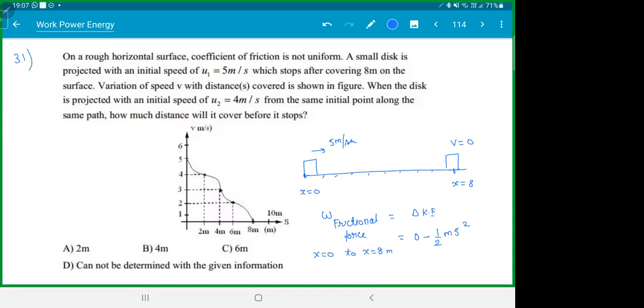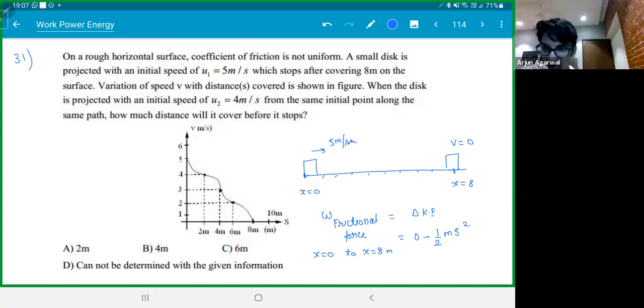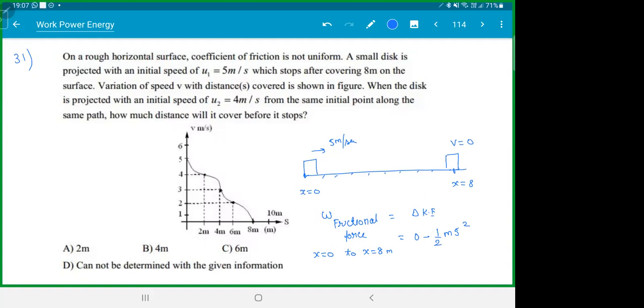Can you hear me? No, sir, it's very, very faint. Now? Yeah, now we can hear you. I think if I just keep this thing aside for 10-20 seconds, this thing stops, I guess. Let's see.